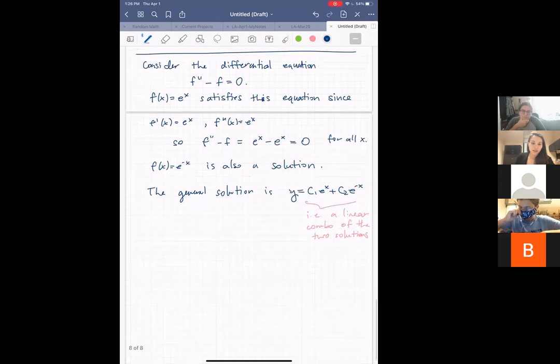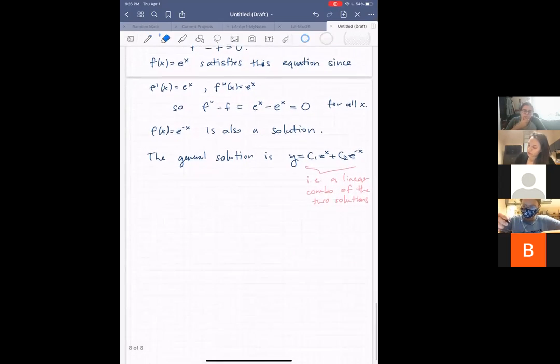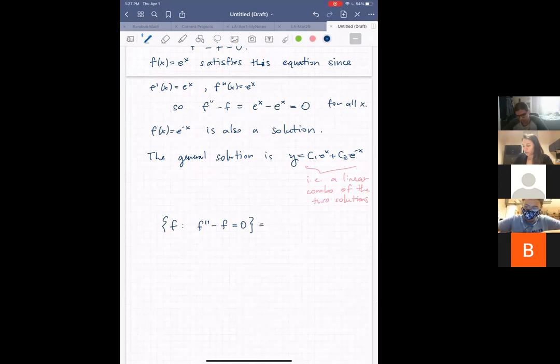In fact, if we look at the space, the set of all functions that satisfy this differential equation, this is equal to the span of e to the x and e to the minus x, because the span is just all linear combinations of those two things, right?